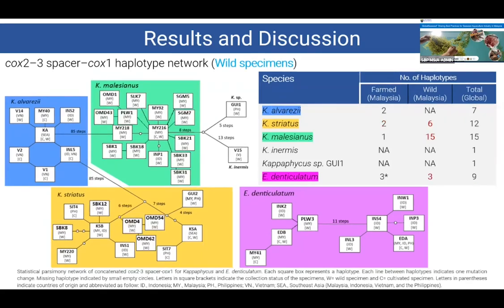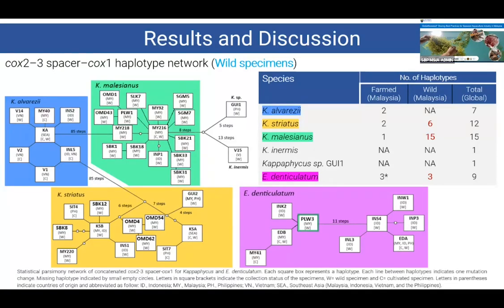On the other hand, the genetic characterization of wild specimens from Sabah, Malaysia, has revealed 6 new haplotypes for Kappaphycus striatus, 15 new haplotypes for Kappaphycus malaysianus, and 1 new haplotype for Eucheuma denticulatum. Most of these haplotypes were revealed by the long COX-1 marker.